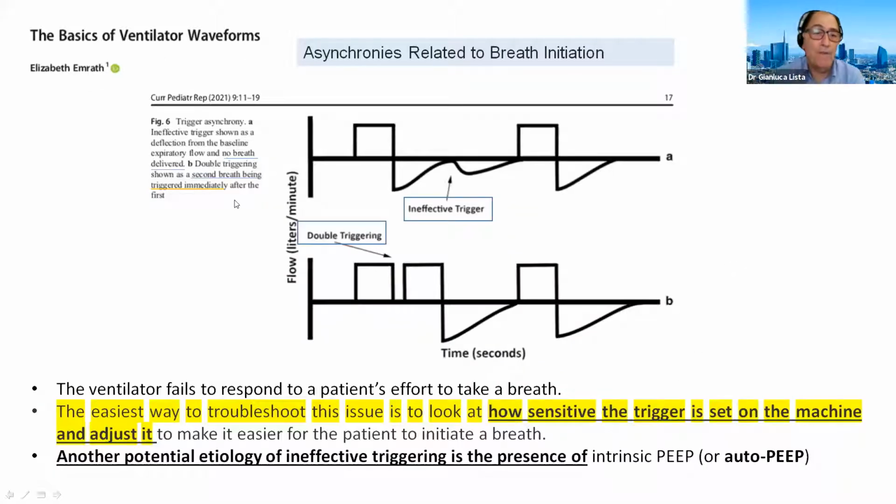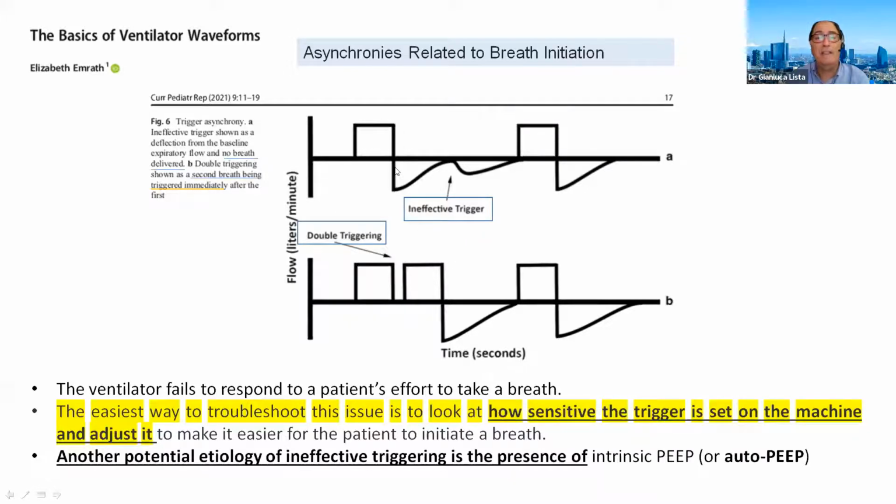The flow curve can help you in understanding how good the sensitivity of the trigger is. At the top of the figure and at the bottom are represented two cases in which the sensitivity of the trigger is not adequate.